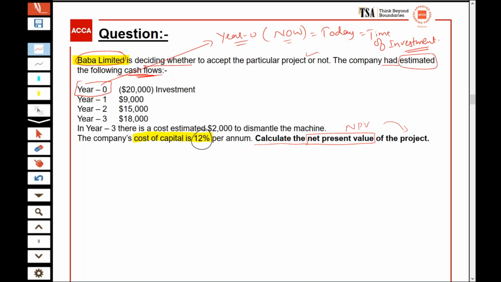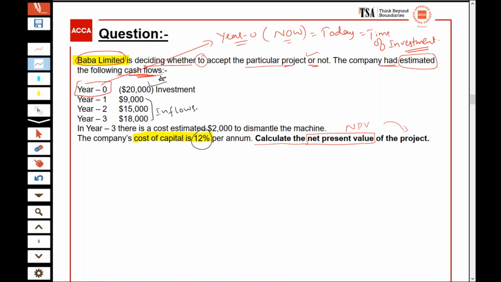Now, Baba Limited is deciding whether to accept the particular project or not. The company had estimated the following cash flows. Year zero means 20,000 investment, and these are my future inflows.